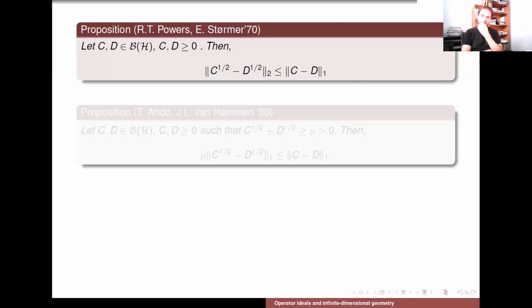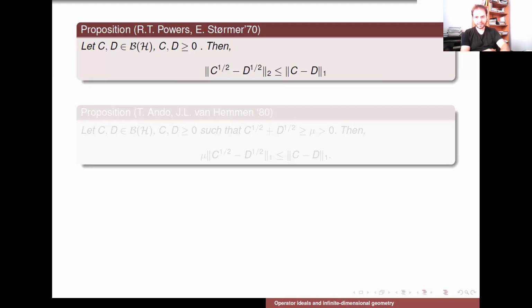This was not the main objective of their work. They were studying when these differences of square roots belong to the Hilbert-Schmidt ideal, because they wanted to study unitary equivalence between certain states in the algebra of canonical anticommutation relations.